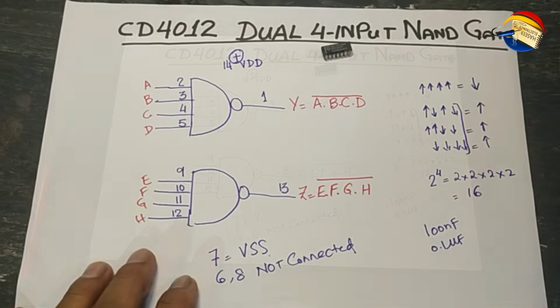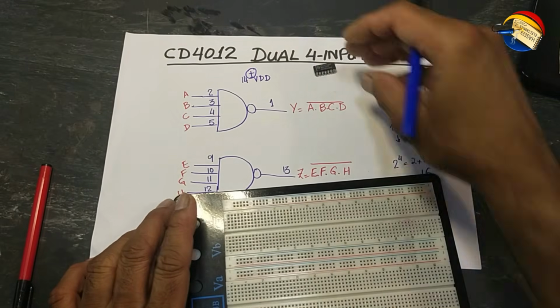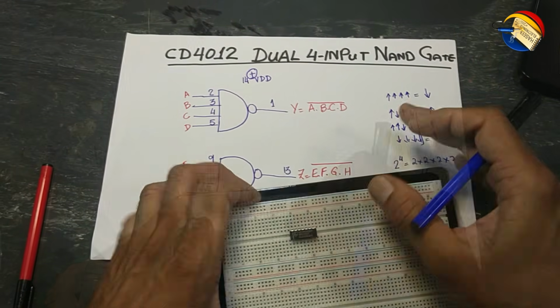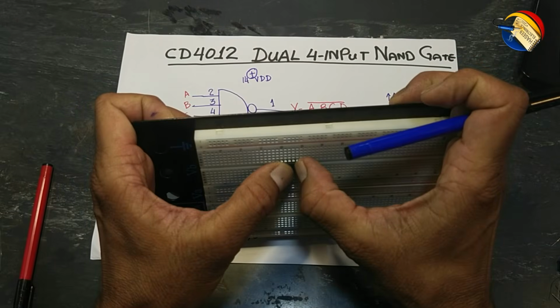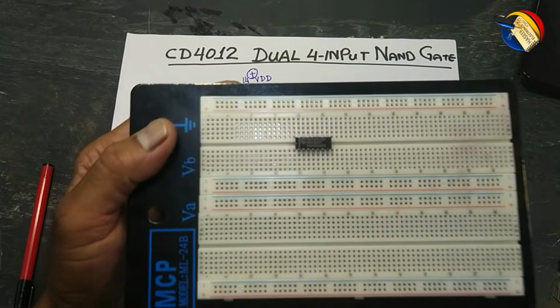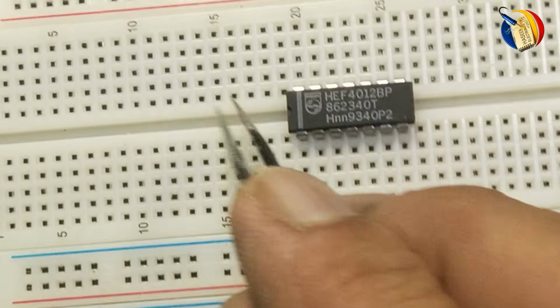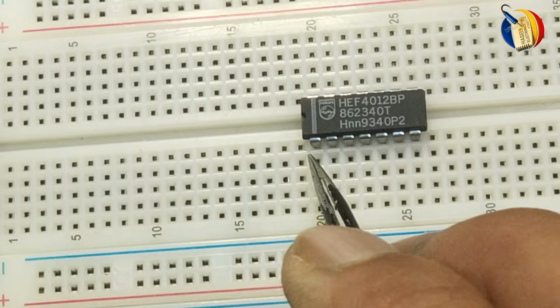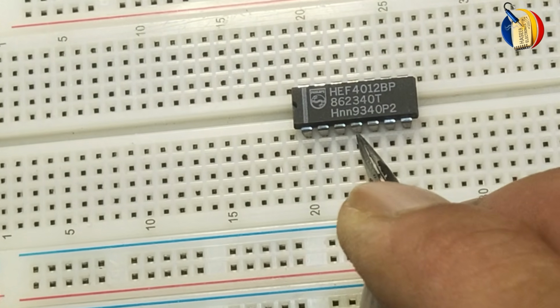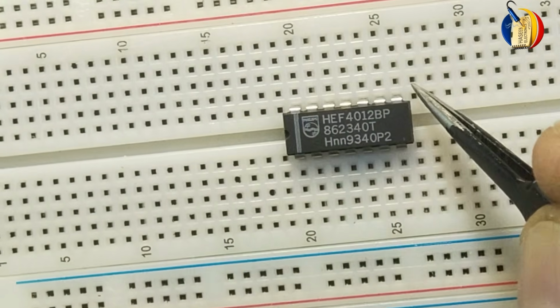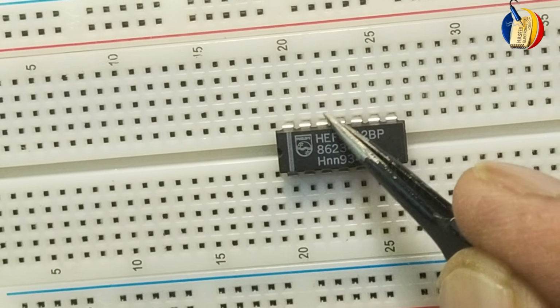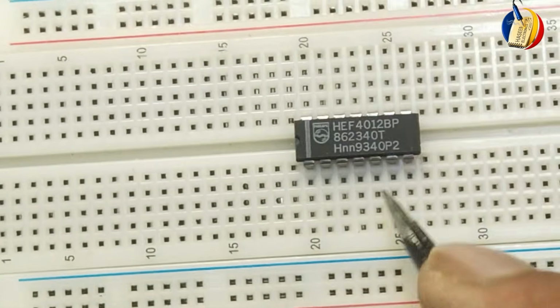Let's connect it practically. I placed this IC on project board. Here is cut mark, index mark. Pin 1, 2, 3, 4, 5, 6, 7, 8, 9, 10, 11, 12, 13, 14.